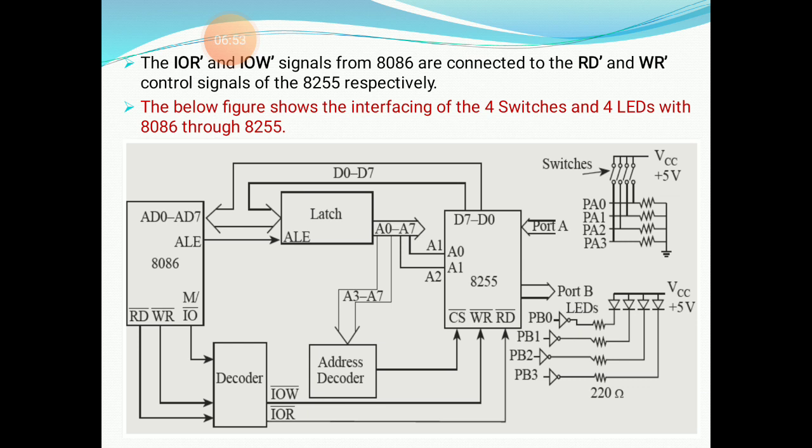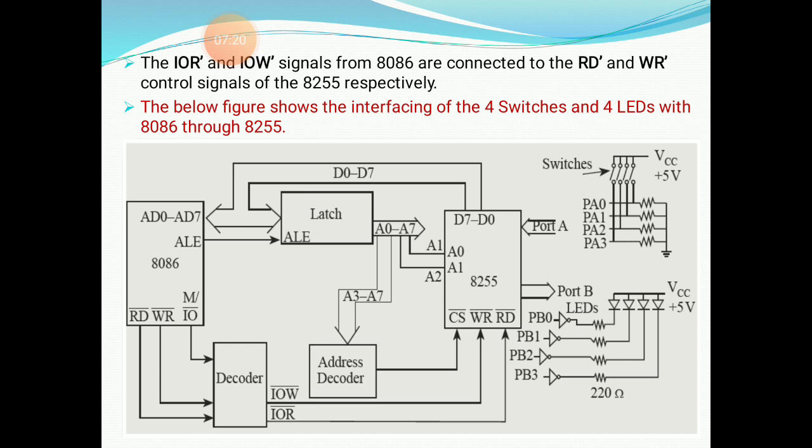Based on the switch condition, on and off, the 4 lines of port A carry the switch pattern, and port B carries the switch pattern and gives it to the LEDs. If a port B line equals 1 and is given to the LED through an inverter, the inverter complements that binary 1 into 0, and the other terminal of the LED is connected to VCC.